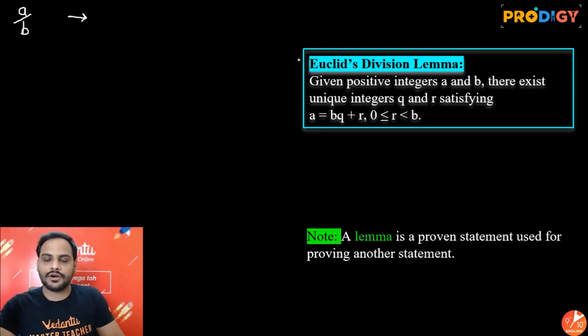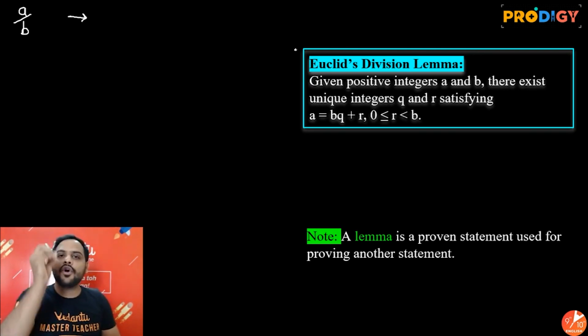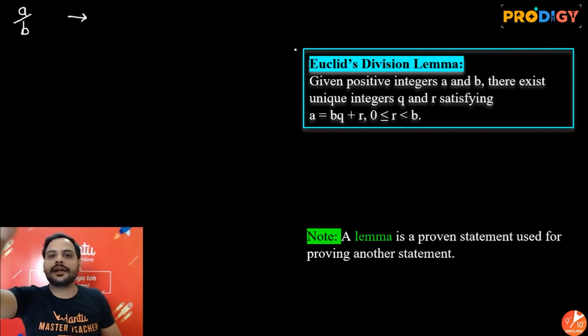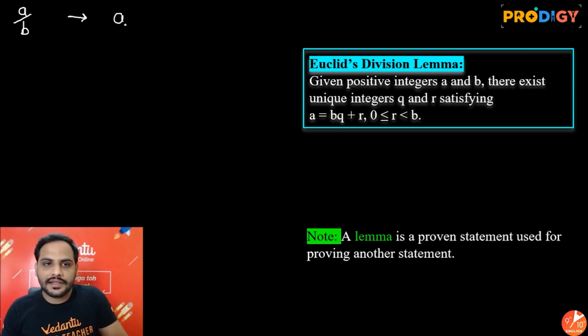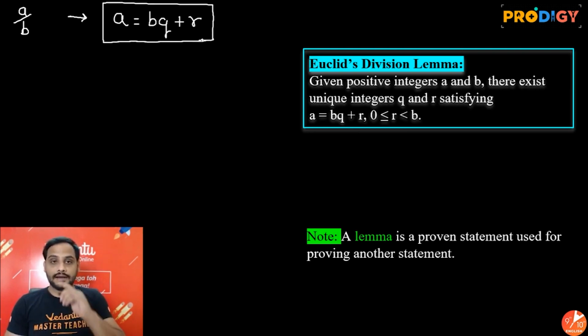So from here we have a statement that if we have two integers, we can always relate them. We can always make an equation in a and b where q and r will be some numbers such that a is equal to b into q plus r.